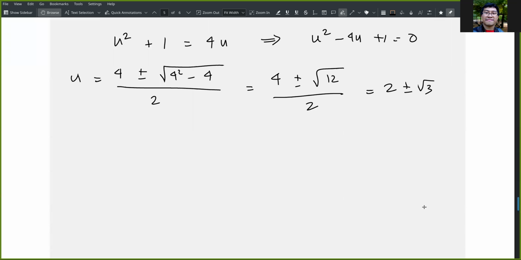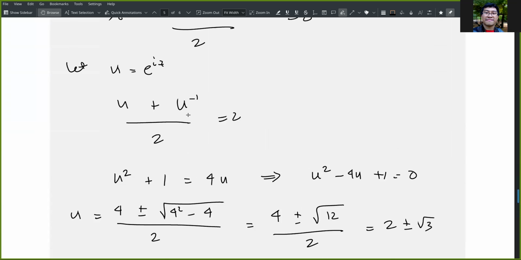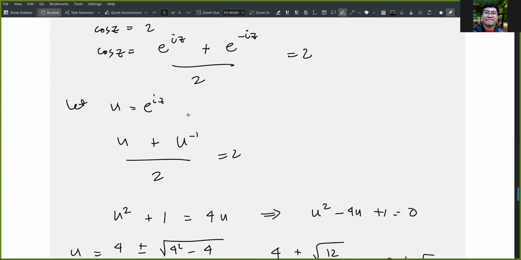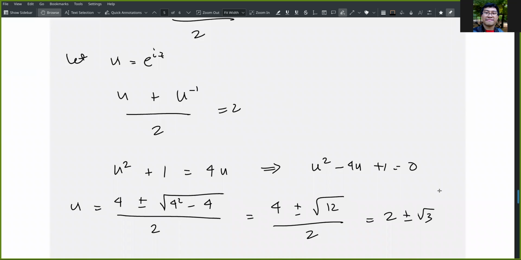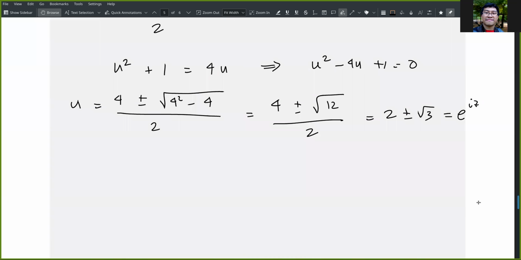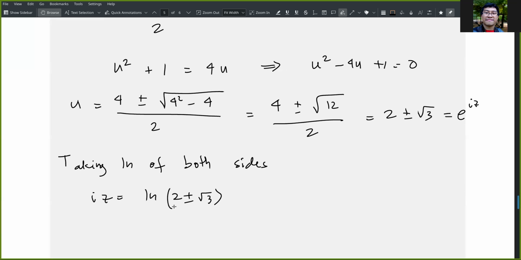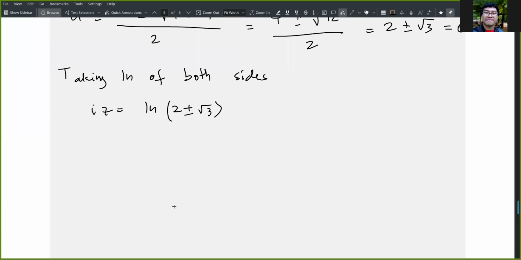Okay. But u is equal to e to the iz. So this one equals e to the iz. So we take ln of both sides. So you have iz equals ln of 2 plus minus square root of 3.